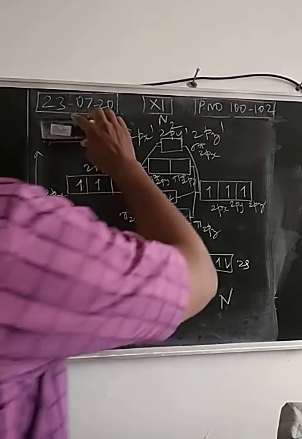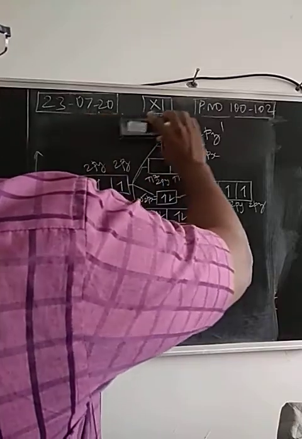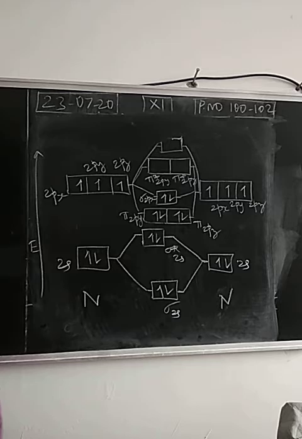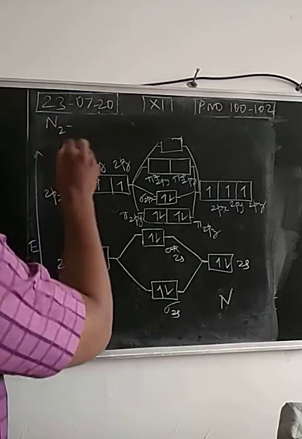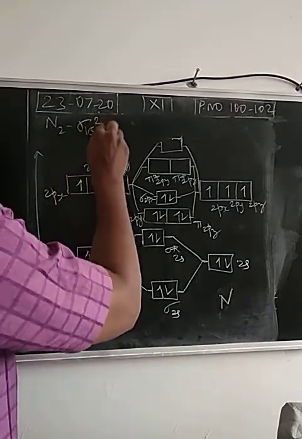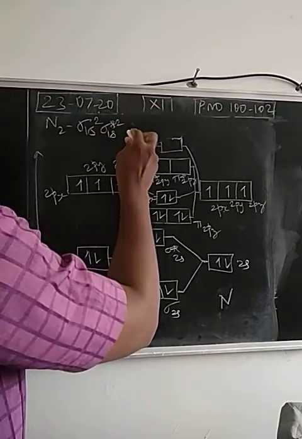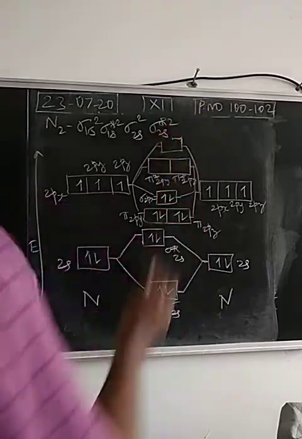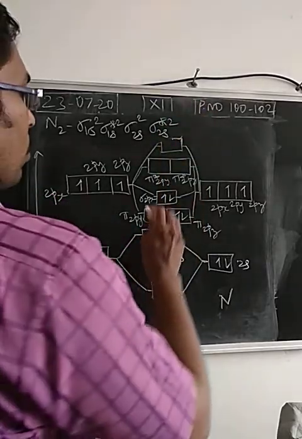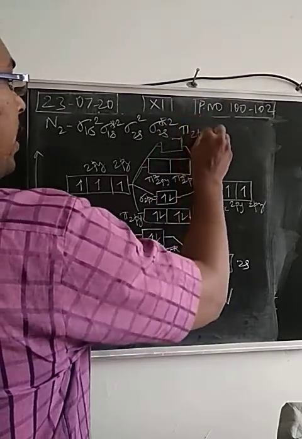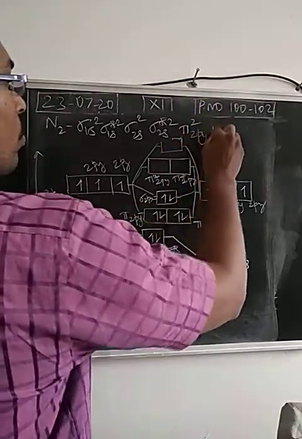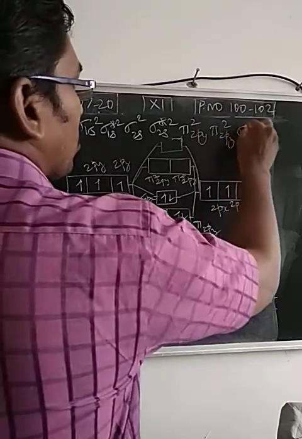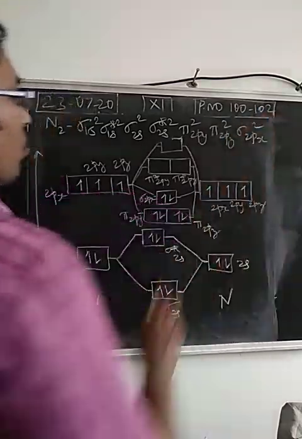Now you may write the electronic configuration of the molecule based on the MO diagram. For the N2 molecule: sigma 1s2, sigma star 1s2, sigma 2s2, sigma star 2s2, then pi 2py2, pi 2pz2, sigma 2px2.